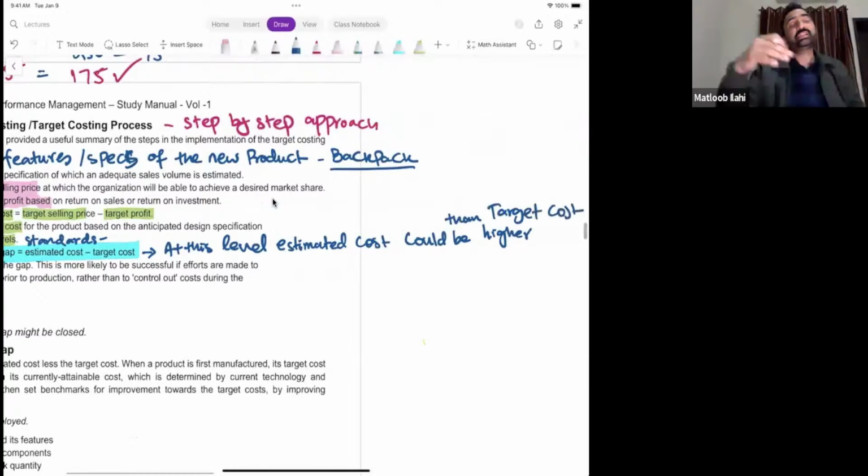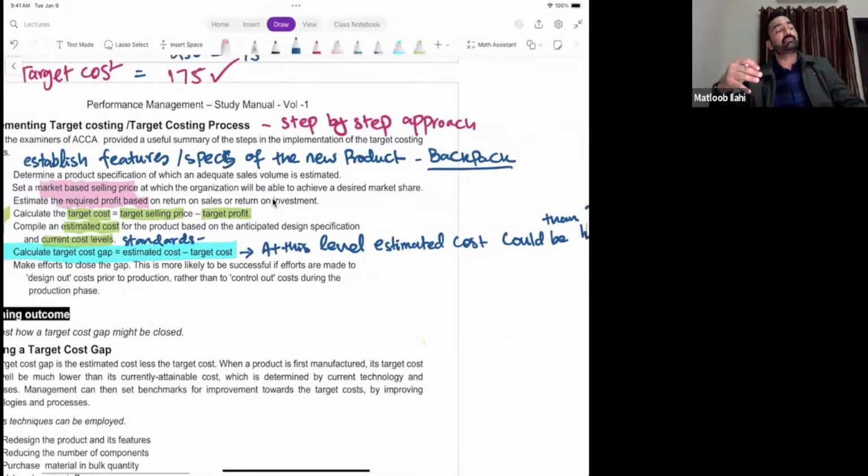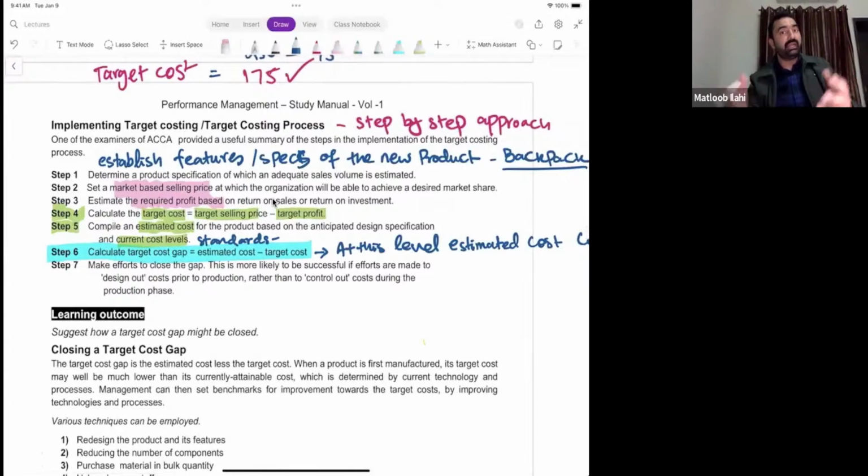And now this has become your target gap. And this has become your target to remove this gap, close this gap, because your estimated cost is higher than the target cost.